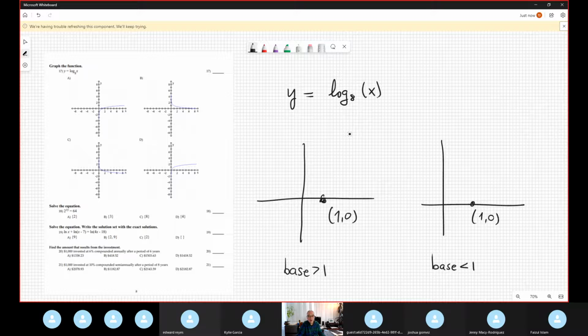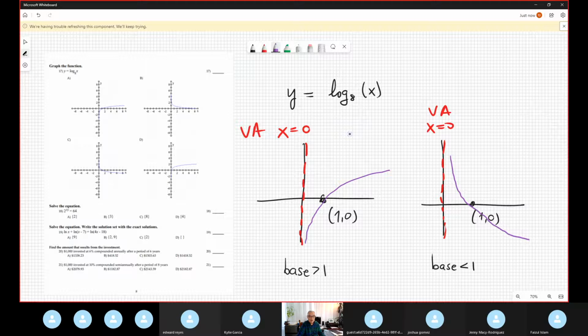But both have a vertical asymptote at the line x equals 0. One is increasing and the other is decreasing.